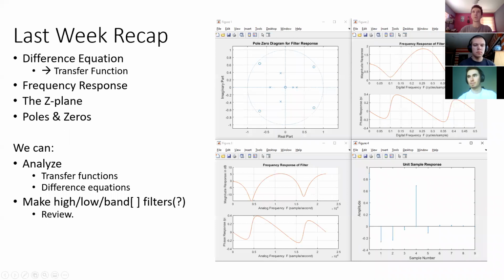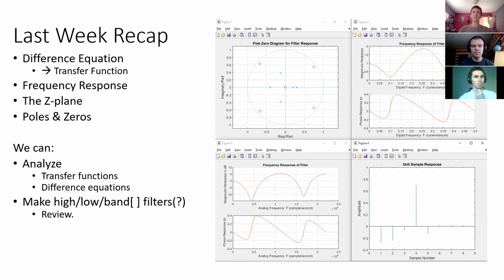All right, so quick recap from last week, and stop me if you need me to go over anything. We have the difference equation that we found, which was the time domain version, and then leading into a transfer function. We learned how to take a transfer function or a difference equation, whichever one, and convert it into these representations, either a pole zero representation or the frequency response curve, and also getting the unit sample response from the impulse input.